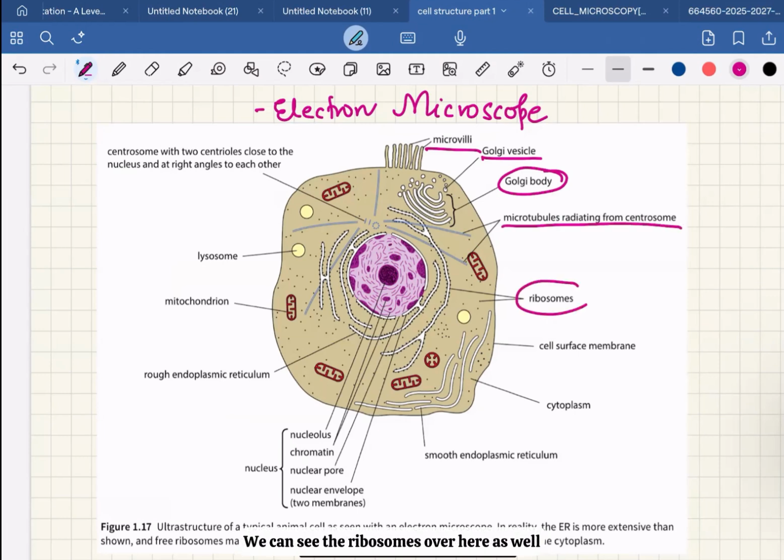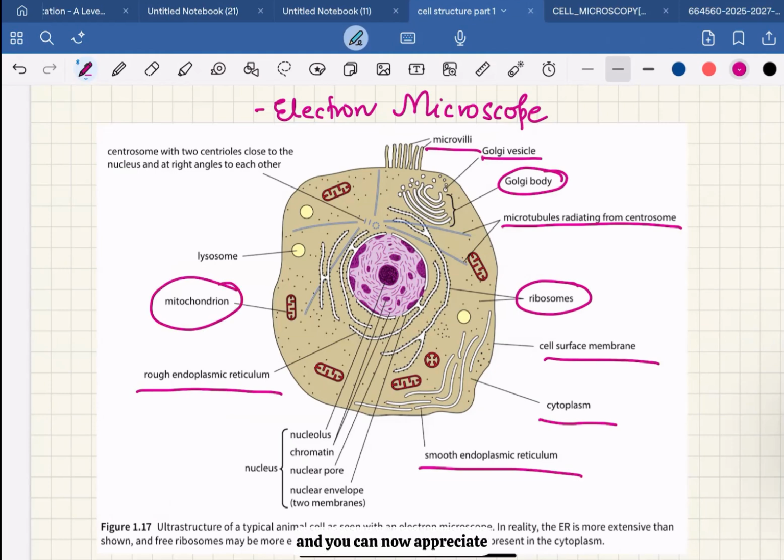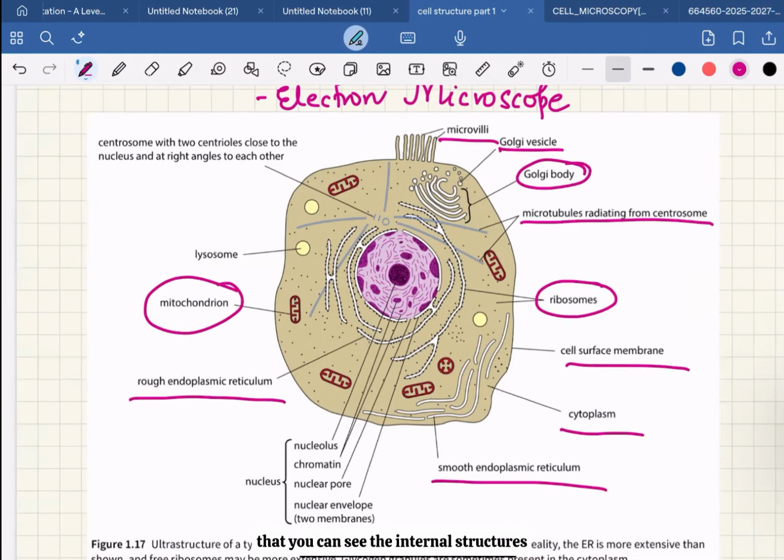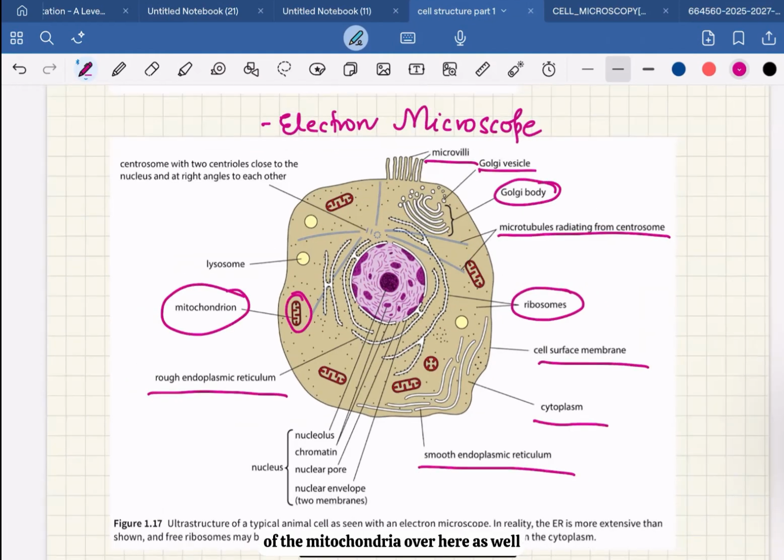We can see the ribosomes over here as well, the cell surface membrane, and the cytoplasm. We can see the rough endoplasmic reticulum and the smooth endoplasmic reticulum as well. We can see the mitochondria, and you can now appreciate that you can see the internal structures of the mitochondria over here as well. And then these are the lysosomes, and then the nucleus.